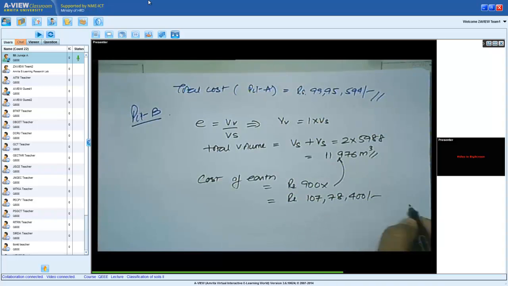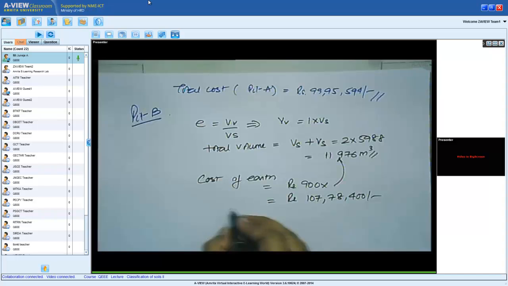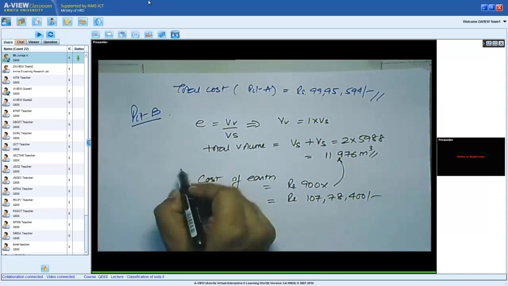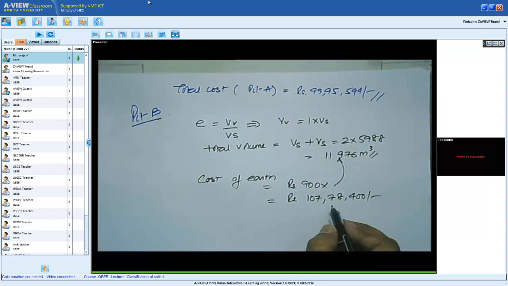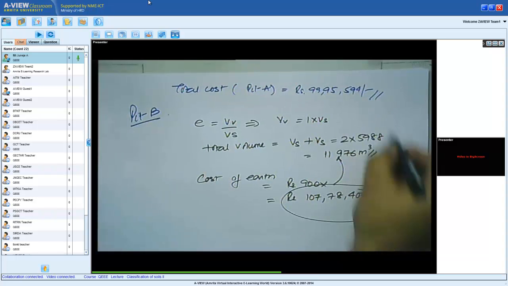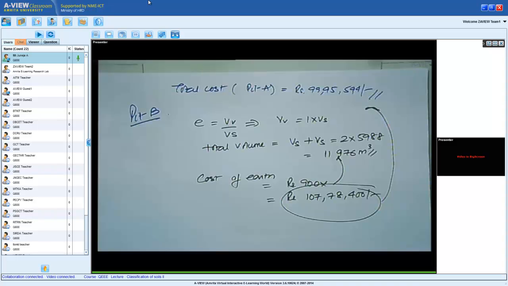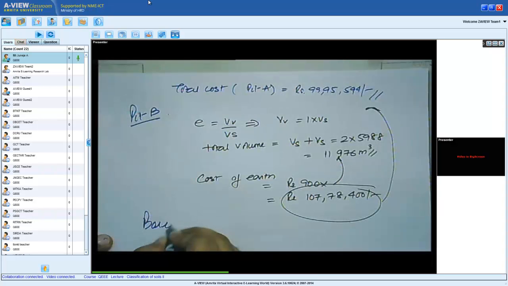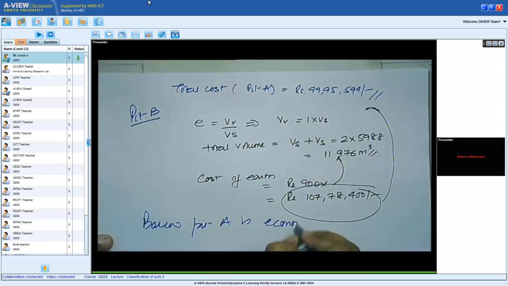The cost of water is free. This pit B supplier gives free water. However, despite giving free water, this supplier is more expensive than pit A. So his free water is no good. So I would say borrow pit A is economical.